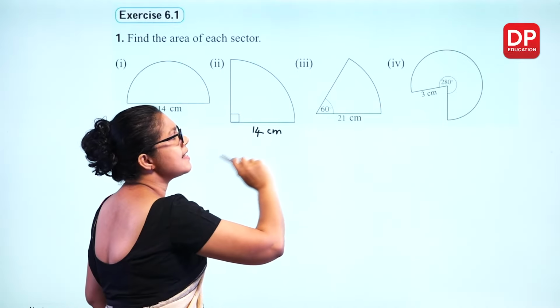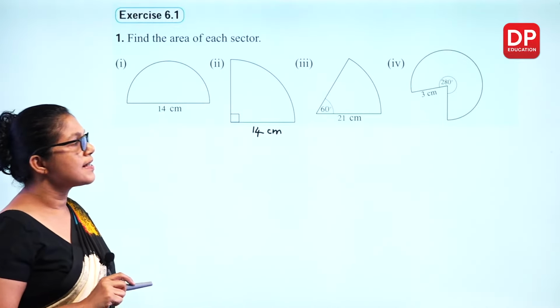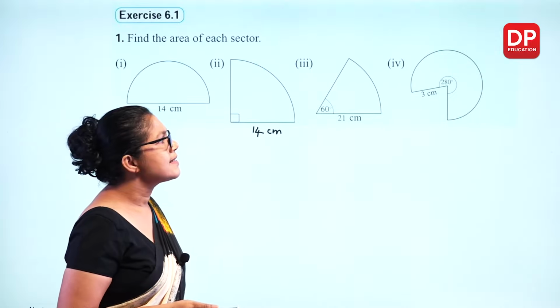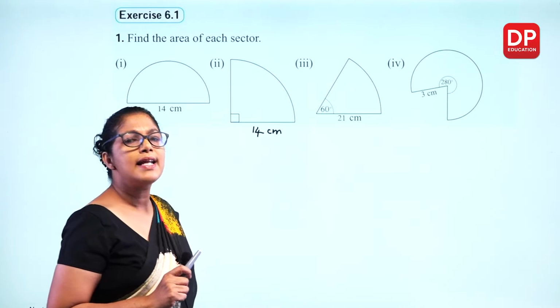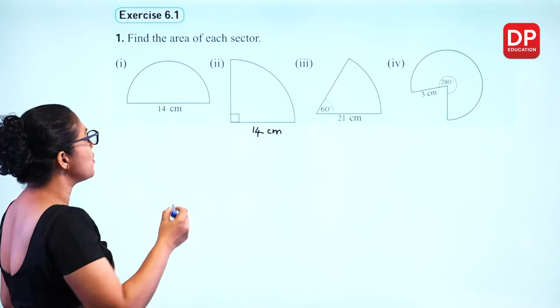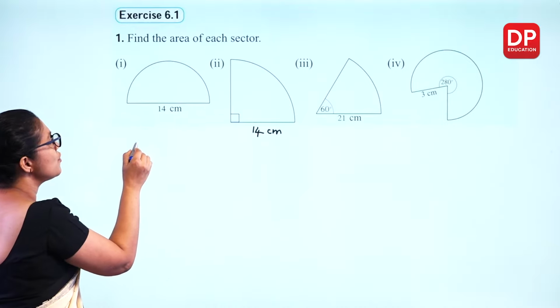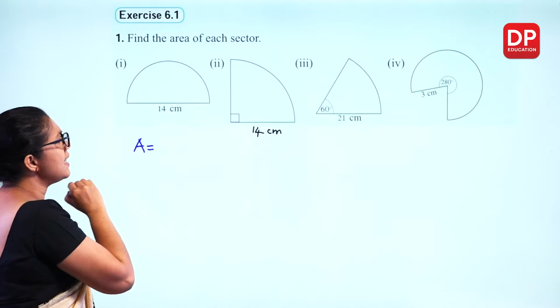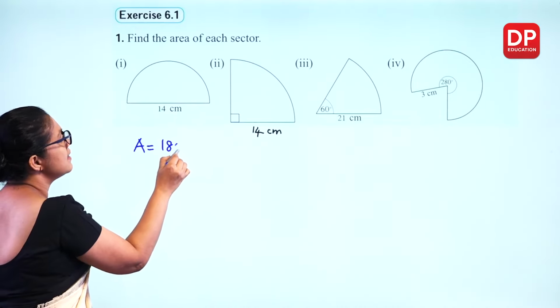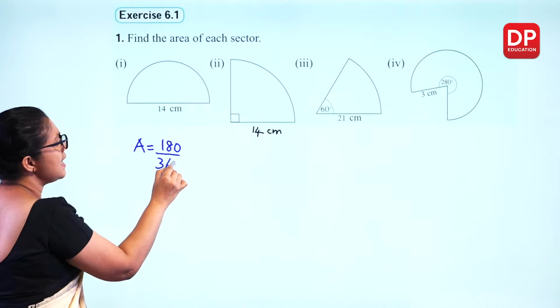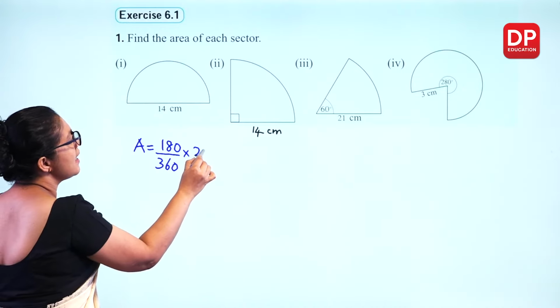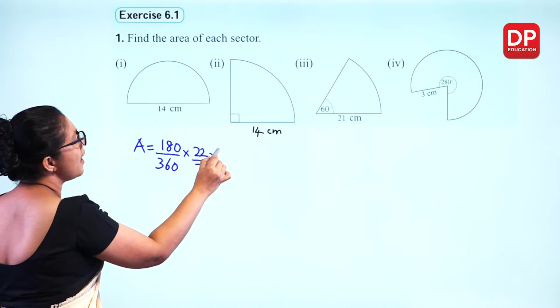The angle here is 60. What about the other one? That's a reflex angle, equal to 280. So now we can use the formula. What's the formula we can use to find the area of a sector? Angle divided by 360 into pi r squared.